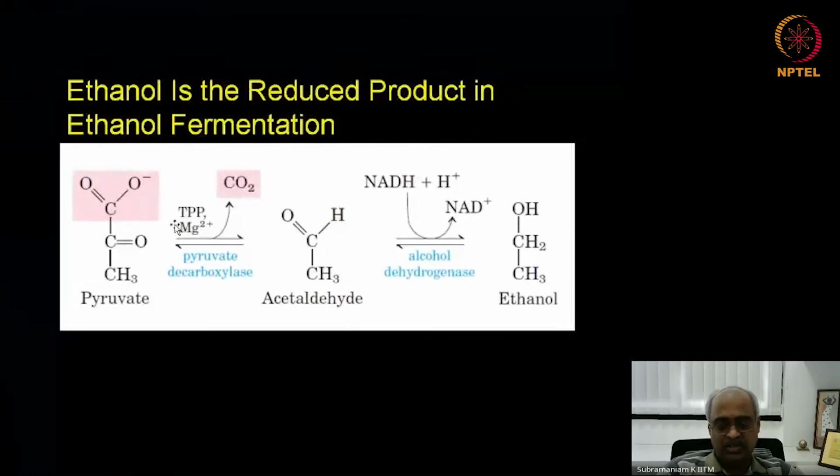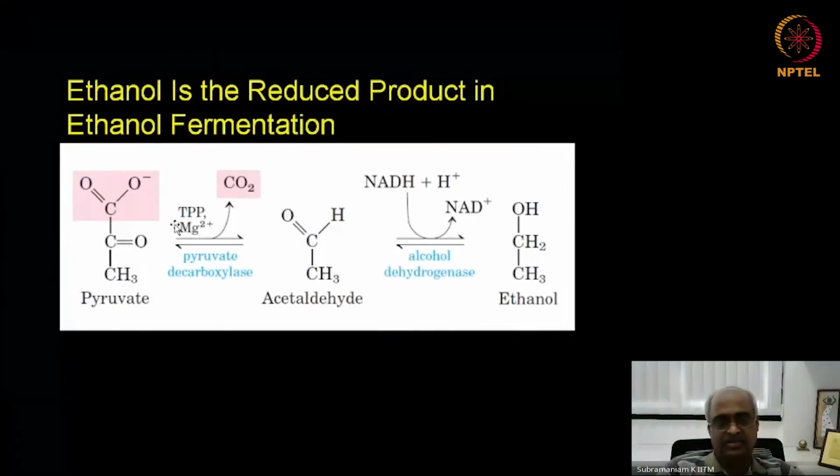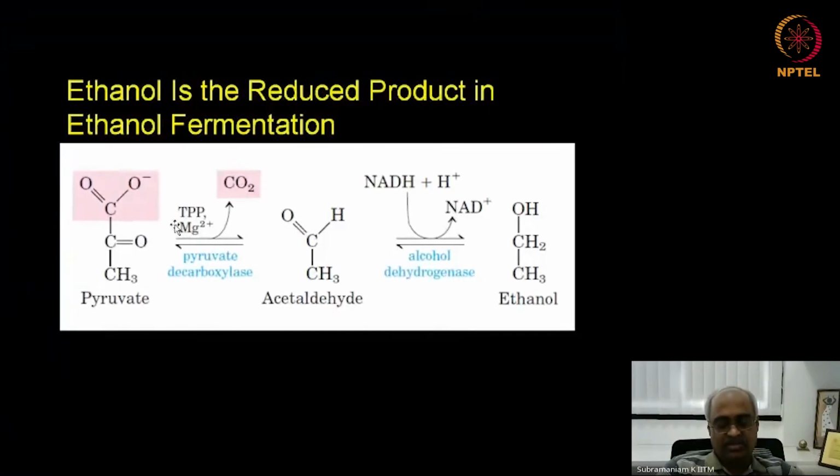Okay, niacin is part of NAD, and we know NAD is an important intermediate electron carrier. And then we saw another one, riboflavin, that's the vitamin B2, which is part of FMN and FAD, flavin mononucleotide and flavin adenine dinucleotide. And this is the third vitamin, thiamine.